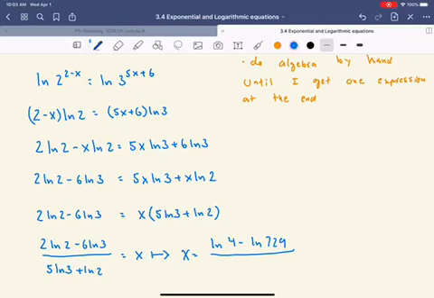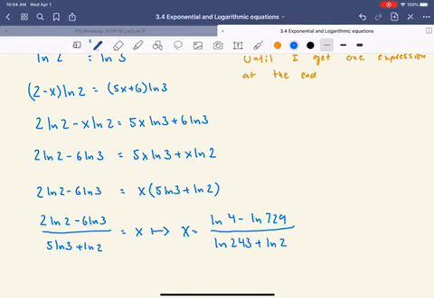Divided by natural log, we're going to do the same thing, 3 to the 5th, which is 243, plus natural log of 2.